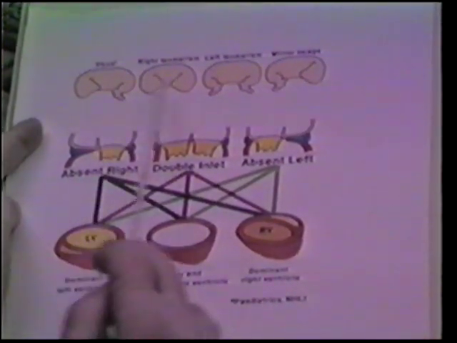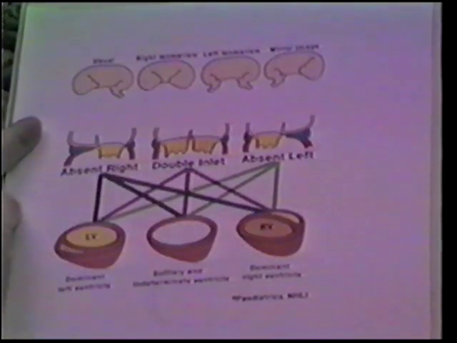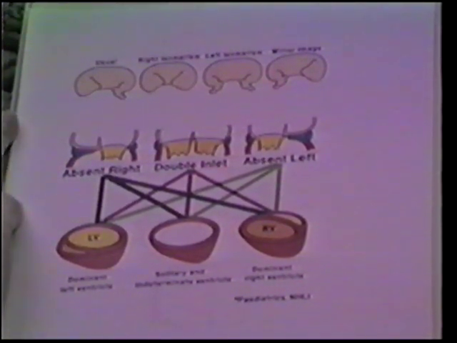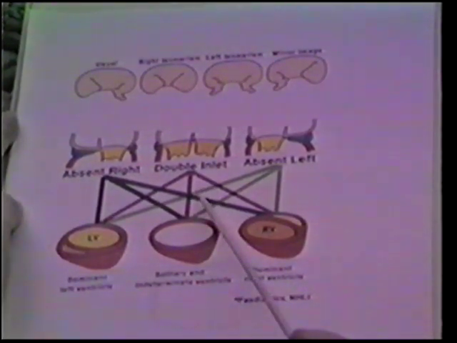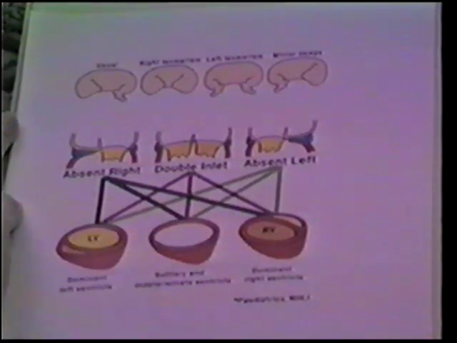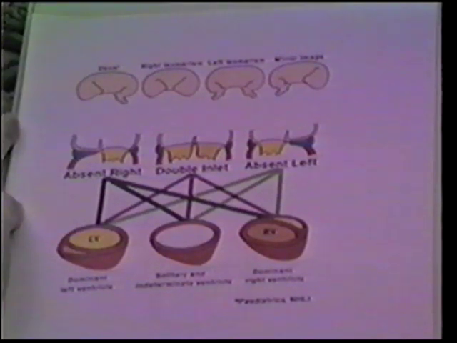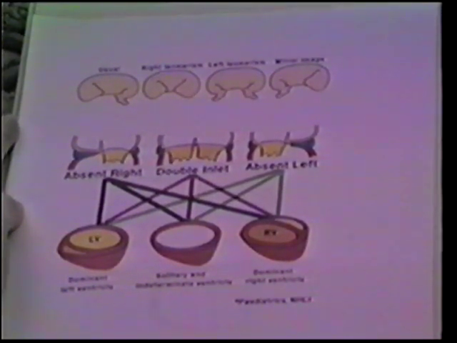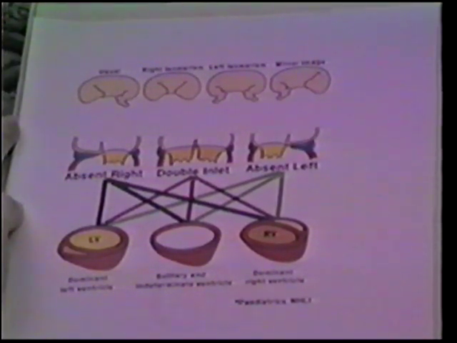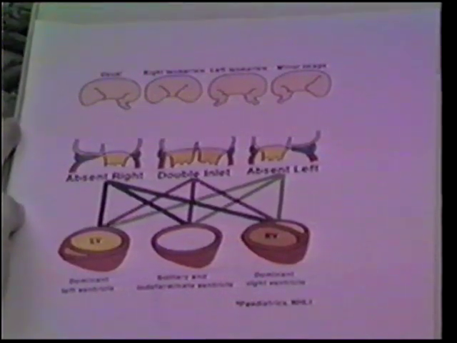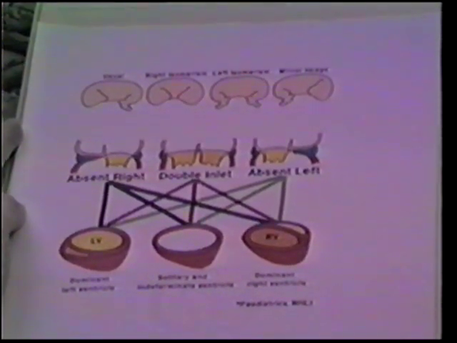It can occur with various combinations of atrial arrangement, and it can occur with the three different variants of dominant ventricular morphology. So we can forget about single ventricle with infundibular chamber, primitive ventricle, univentricular heart, common ventricle, etc., etc.